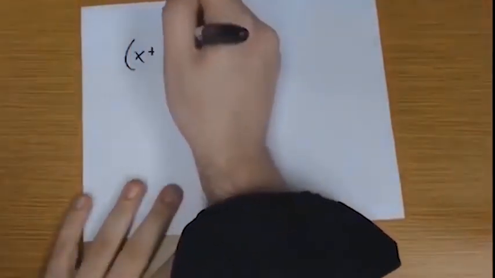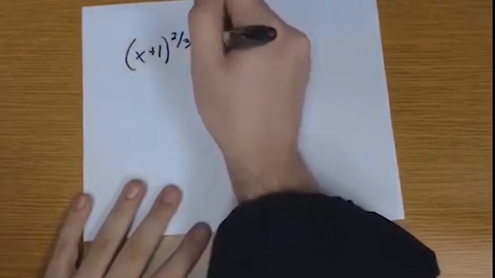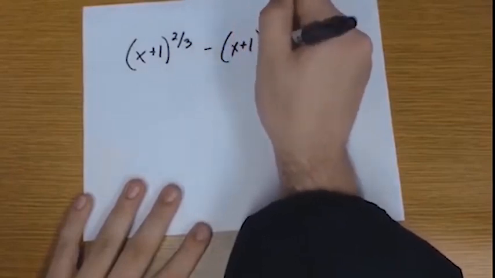Equations, quadratic in form. So we're basically going to do some more u substitutions. Except this time, instead of just using it to factor, we're going to use it to factor and solve.